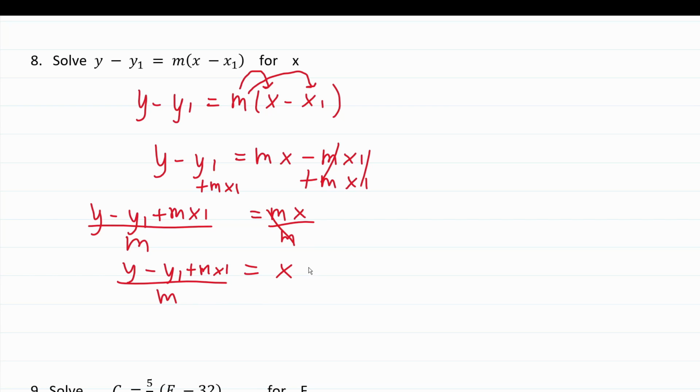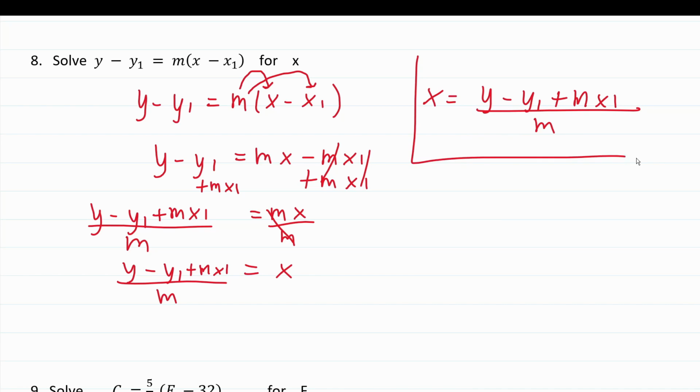And in math, it's customary to write the variable for which you solved on the left. So all told, this becomes x equals y minus y1 plus m times x1 over m. And we are done with that one.